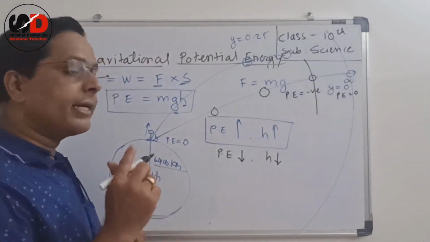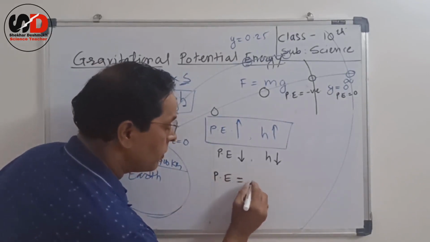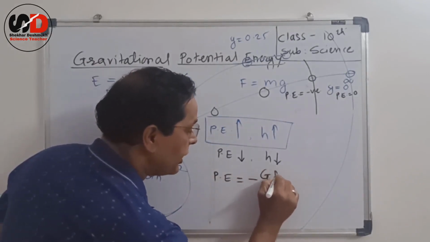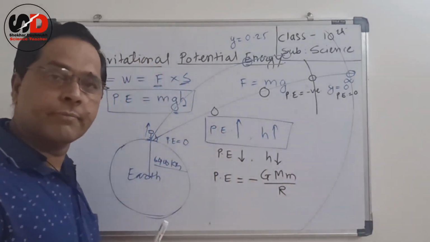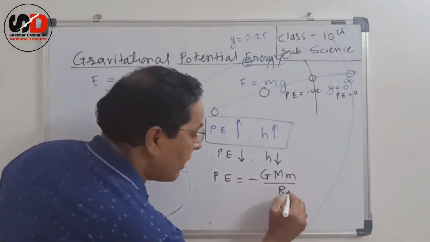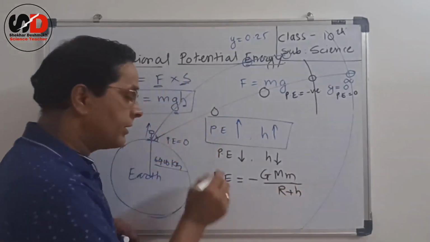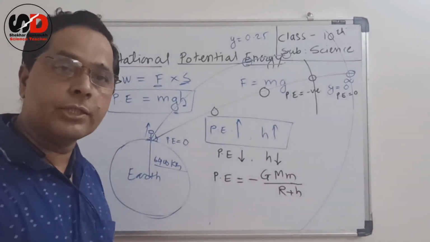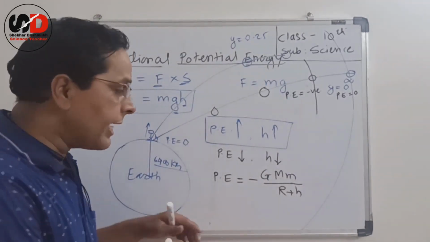This formula is directly given. Potential energy is equal to minus GMm upon R, or instead of R, R plus H. This is the value of potential energy, and this formula is directly given.